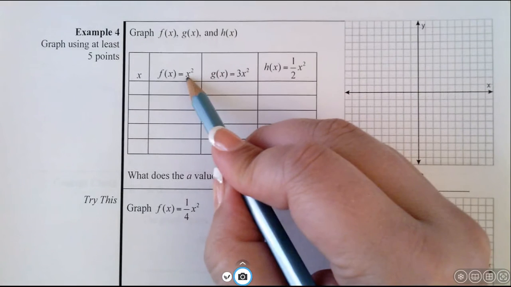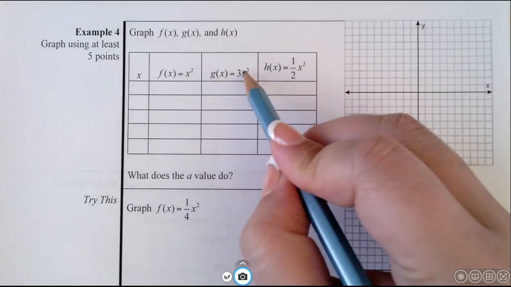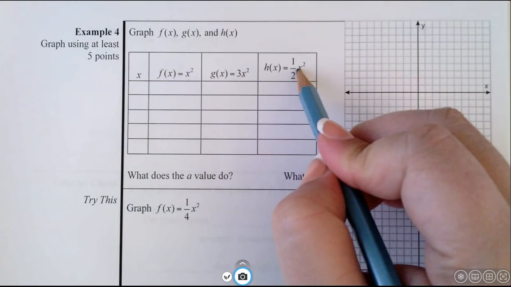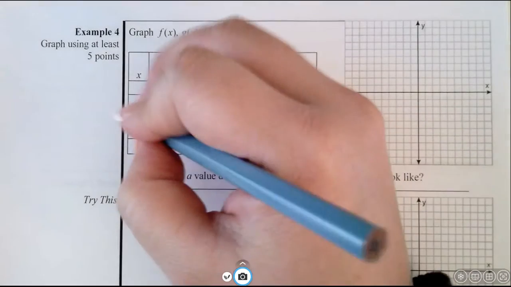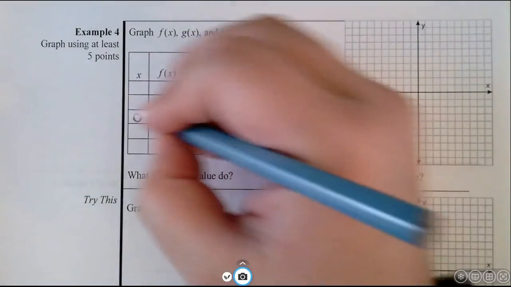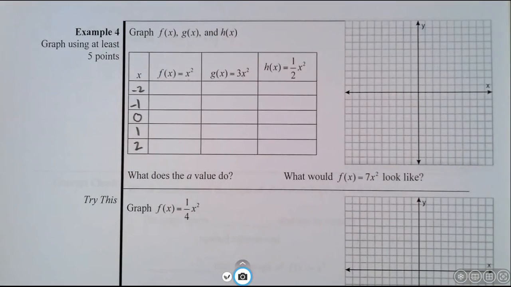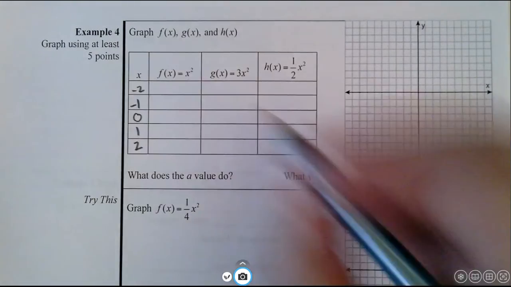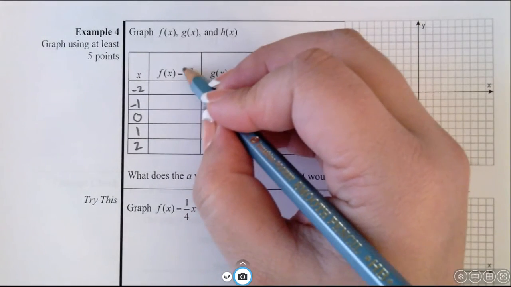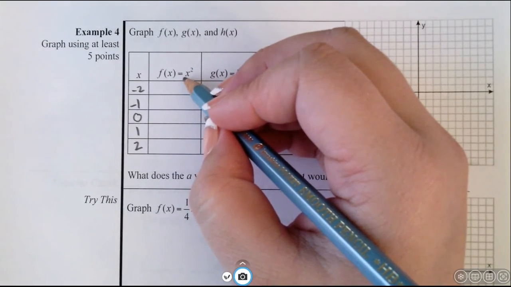If I'm looking at all of these squared values, what would make all of those 0 is the value of 0. So that's going to be my middle value: 0, negative 1, negative 2, 1, and 2. Again, we're going to start by looking at our basic x squared values, our parent function.